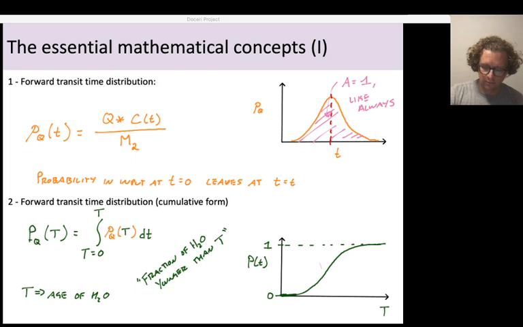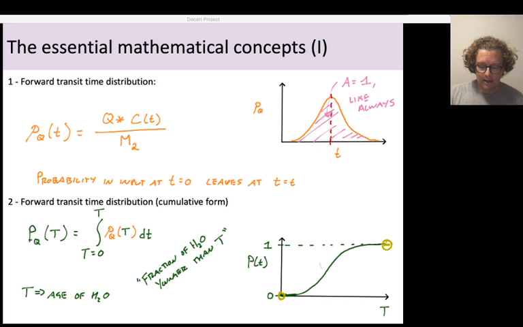So far out here on the right-hand side, when this gets up to a value of 1, what that tells you is there is only water younger than that time scale. No water is older. When you're out here on the left at 0, what that's telling you is all water is older than that time scale. So that might represent the plug flow through a system, for example. Water just can't get through the stream channel faster than some advective time scale.